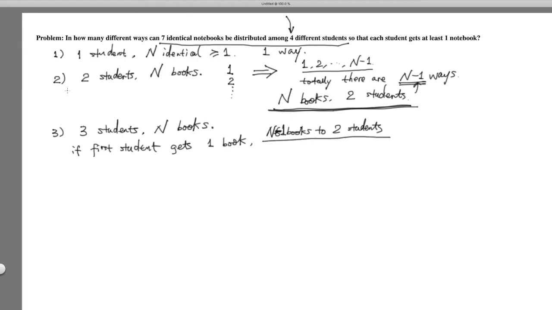By the result we already got from case 2, if n books are given to 2 students, there are n minus 1 ways, then for n minus 1 books to two students, we have n minus 2 ways.